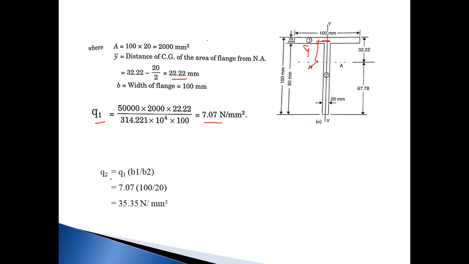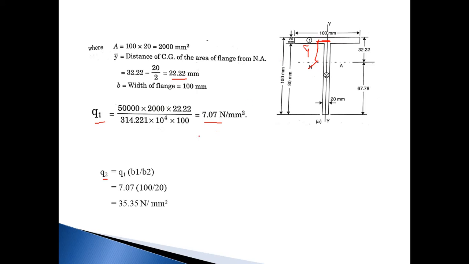Then next, calculate Q2. Q2 is much easier, calculating shear stress at Q2. How to calculate Q2? The shear equation is Q2 is equal to Q1 into B1 by B2. B1 by B2 means what? Width of the top flange divided by width of the web.